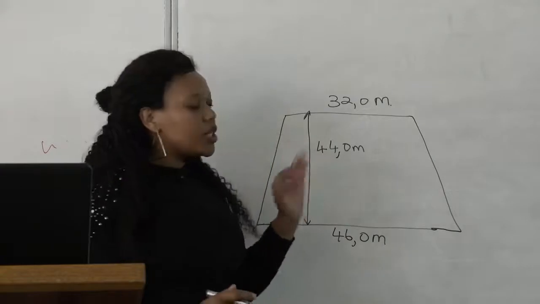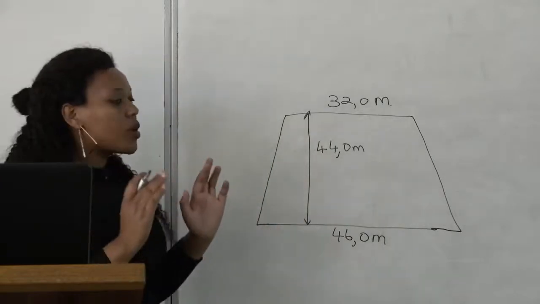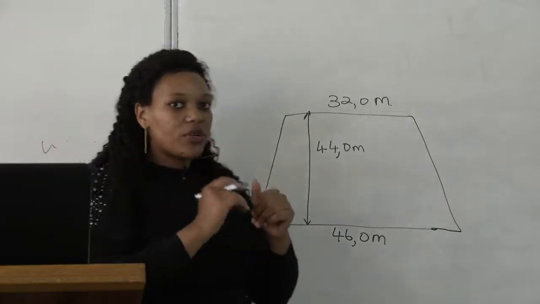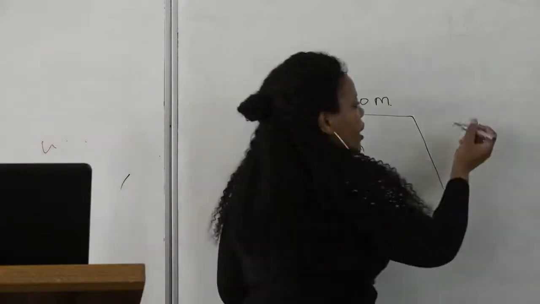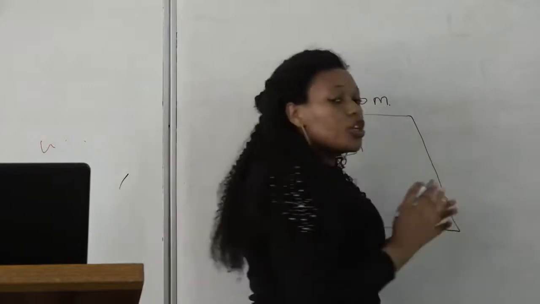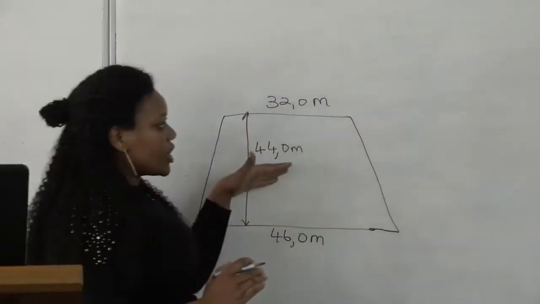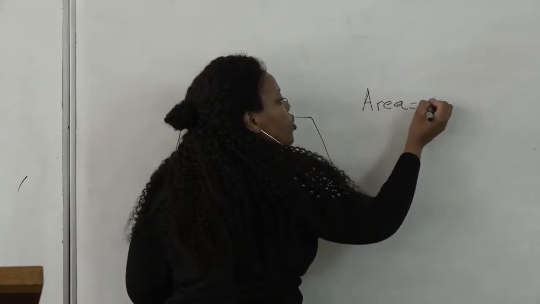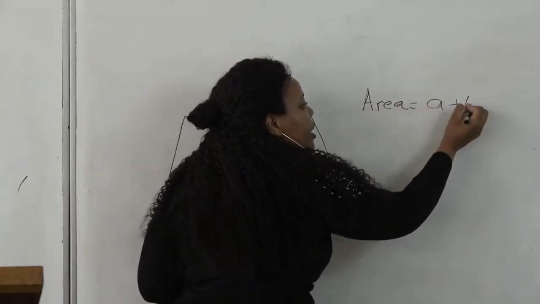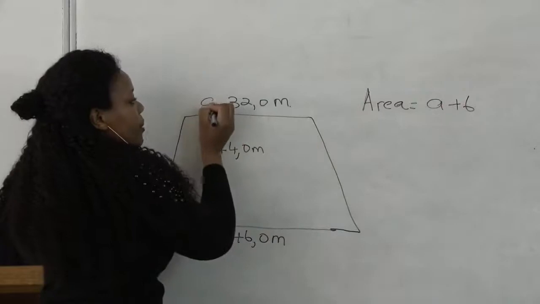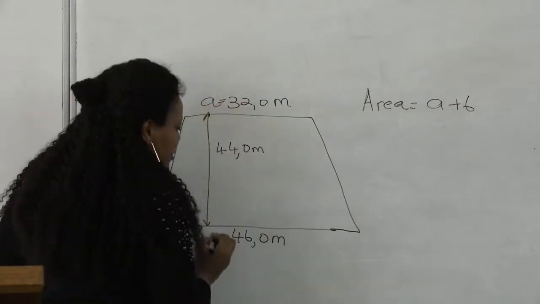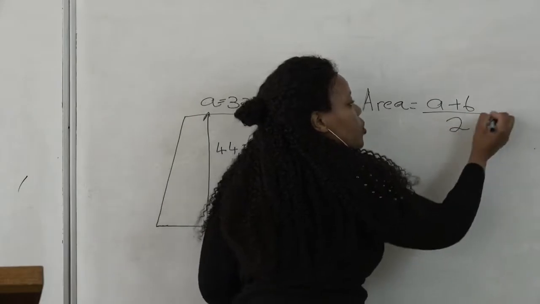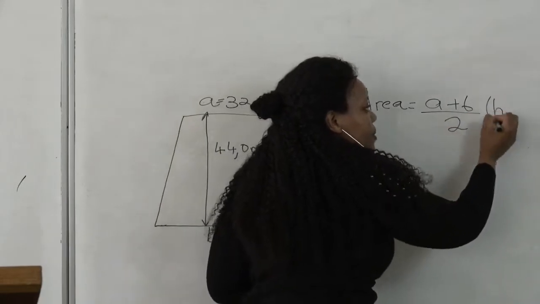So we are required to calculate the volume. I've said earlier that we first need to calculate the area. The formula that we use to calculate the area of the trapezium is area is equal to A plus B, which is this side. We can name this side as A and this side as B, divided by 2 times height.